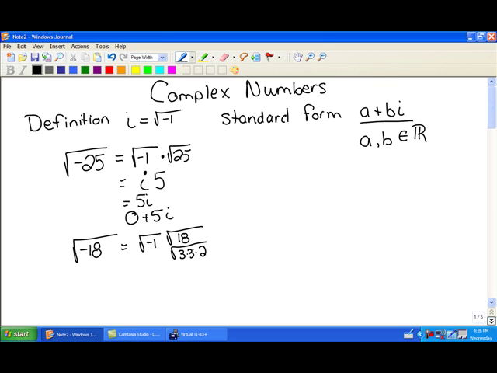Cleaning up our square root, we have 2 3's under a square root, so we get to pull 1 3 out, leave the radical of 2, and make that square root of -1 i. And you will usually see these written as 3i times the square root of 2. We don't usually put the i under or at the end of the radical, although it would not be wrong, but it's very easy to extend your radical too far if you write sloppy, and you don't want anyone to think that your i is actually underneath that radical.